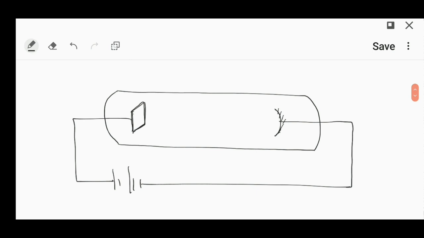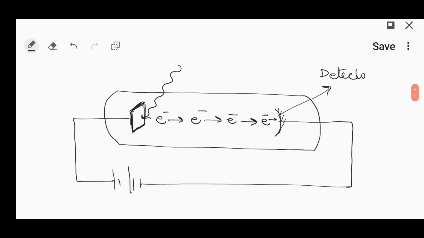Watch carefully. What happens when light of suitable frequency strikes this metal surface? The electron will eject out and move away from this metal surface, and this detector detects the incoming electrons.